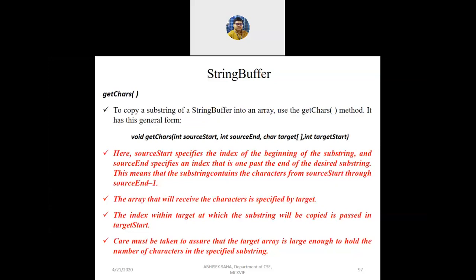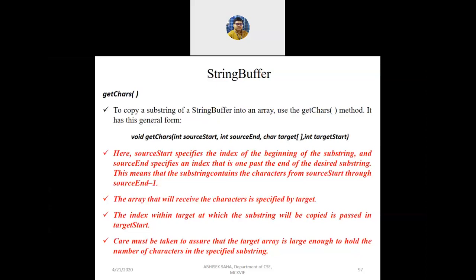The next parameter is the array that will receive the characters, specified by target. That is parameter number 3. And the fourth parameter is the index within target at which the substring will be copied, passed as targetStart. Care must be taken to ensure that the target array is large enough to hold the number of characters in the specified substring.